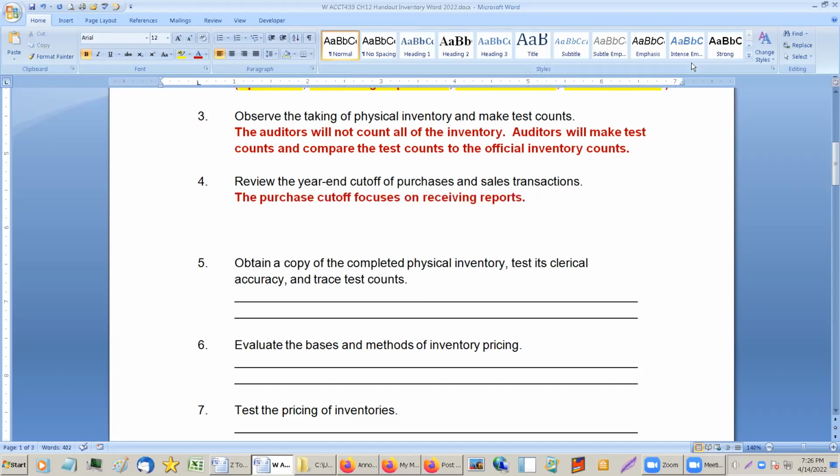When a receiving report comes in, that will be the guideline as far as what should be in the inventory. The danger is that they'll receive something and put it in inventory, but then it won't actually show up in the inventory account.